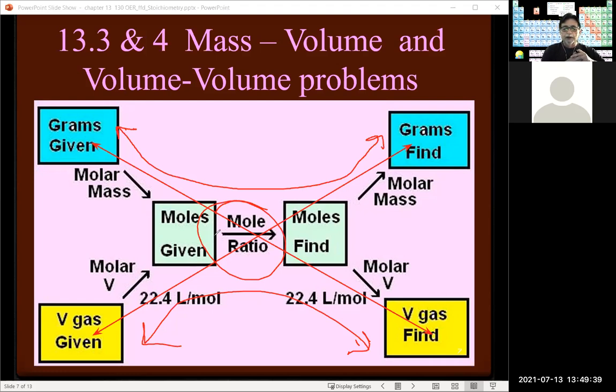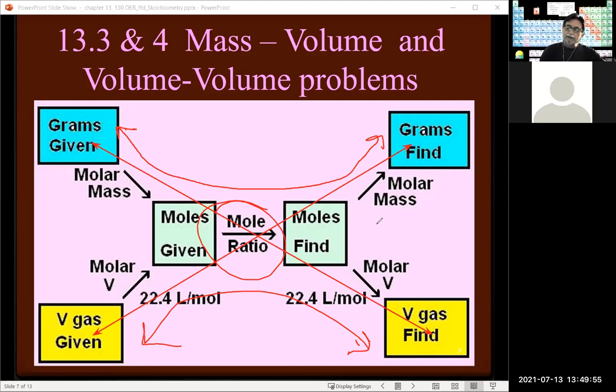Okay, so this flow chart here, use it when you do these calculations, because eventually, the more examples you do, it'll kick in. You'll say, oh, okay.